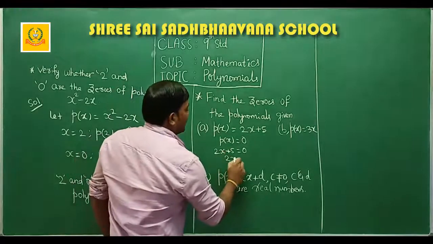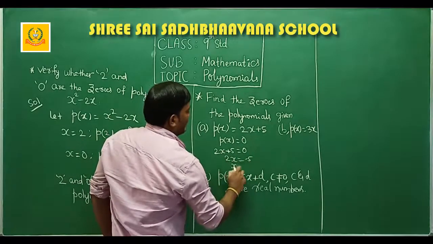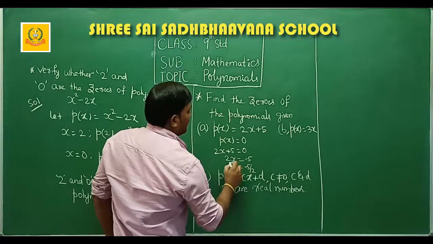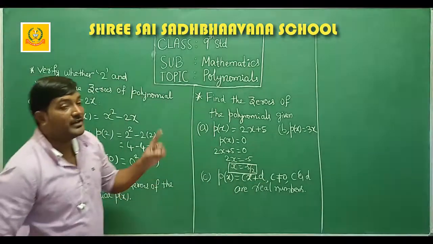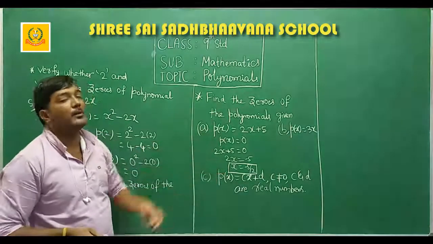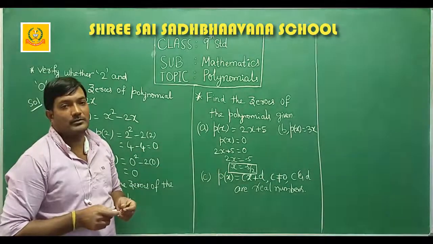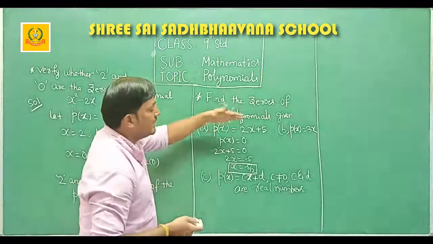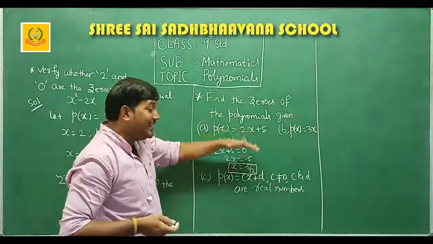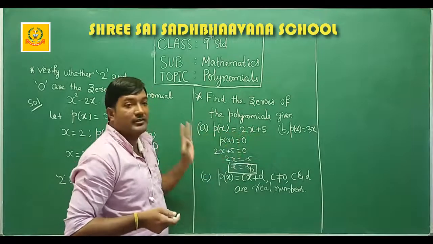So 2x is equal to minus 5. X is equal to minus 5 by 2. So x is equal to minus 5 by 2 is the zero of the polynomial p of x. Understood? What we are doing is just taking the given polynomial, equating it to 0 and finding the value of x.